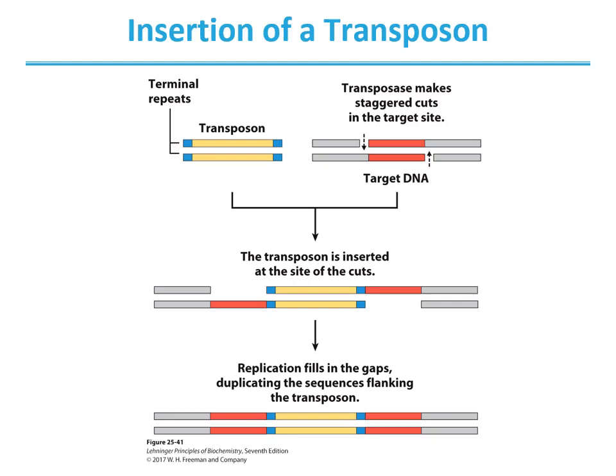Here we are looking at a transposon insertion into a target DNA. The transposase encoded by the transposon segment cuts the target DNA at specific sites. The transposon is inserted at the site of the cut, and the sequences flanking the transposon are duplicated.